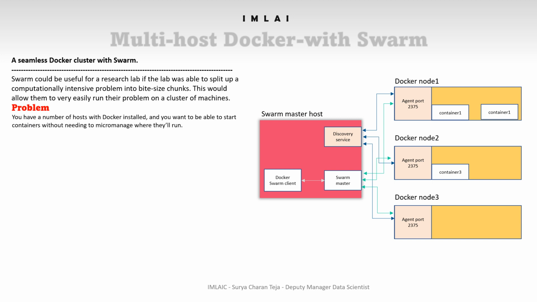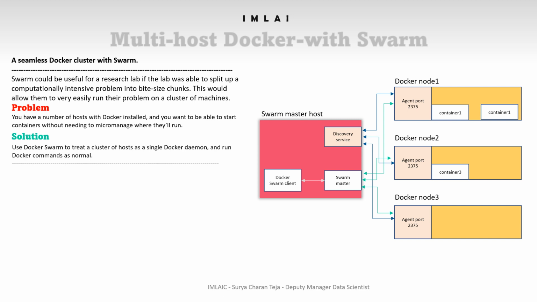We have a number of hosts with Docker installed, and we want to be able to start containers without needing to micromanage where they will run. The solution is to use Docker Swarm to treat a cluster of hosts as a single Docker daemon and run Docker commands as normal.